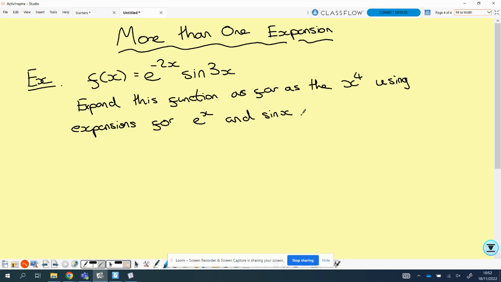Okay, so some exam questions or example questions don't maybe give you the clue about using expansions for e to the x and sine x. In this case, this question actually gives us a wee clue, and that's how you would actually solve this.